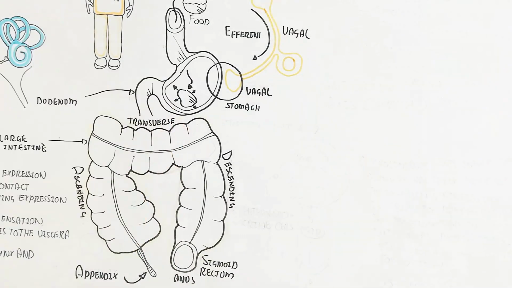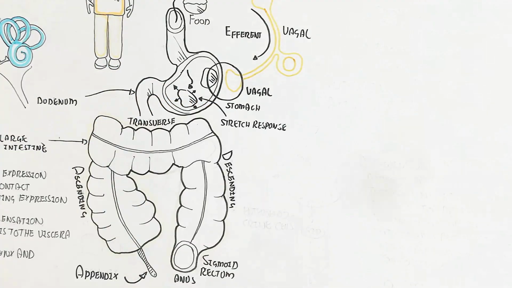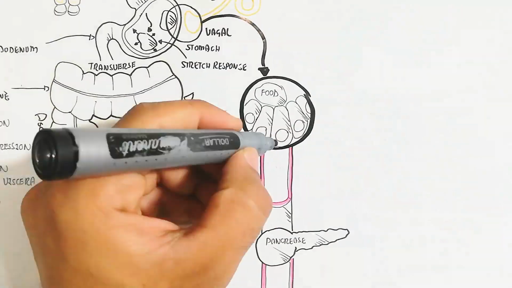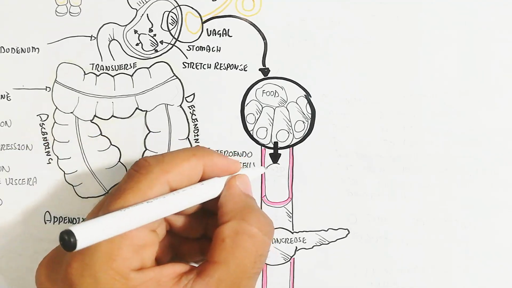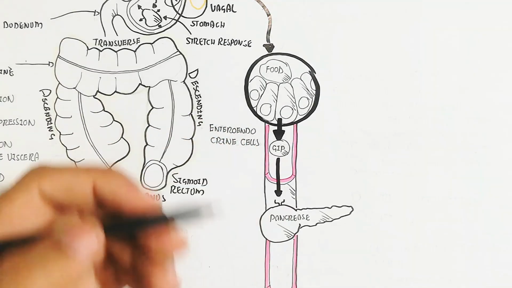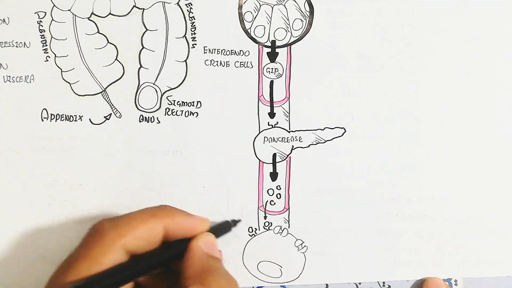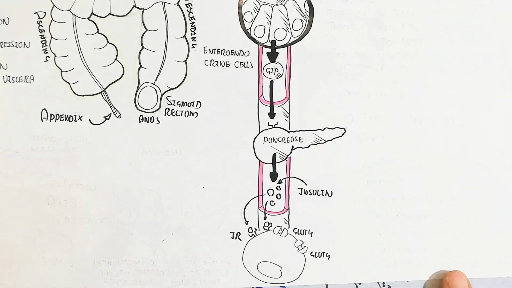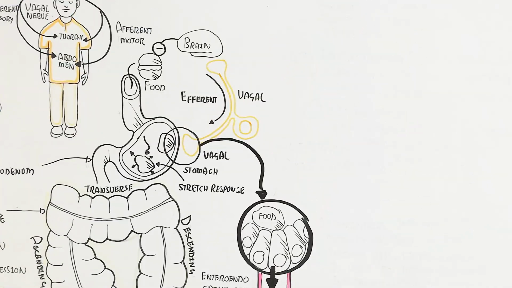The sensory afferent nerve gives the signal to increase digestion via the efferent vagal nerve, which leads to food intake and the production from enterochromaffin and enteroendocrine cells of endocrine hormones like GIP. These target the pancreas to release insulin, which binds with specific tissue to let glucose enter the cell for normal metabolism and energy homeostasis.